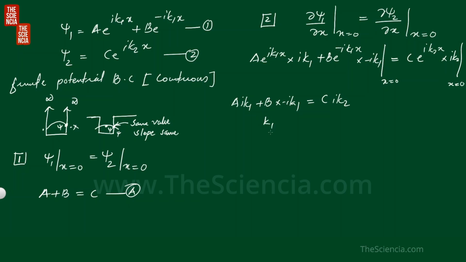That is, k1 into (a minus b) is equal to k2 into c. That is, a minus b is equal to k2 by k1 into c. So from these two equations, we can do the mathematical manipulations and we can find out the values of a, b and c.